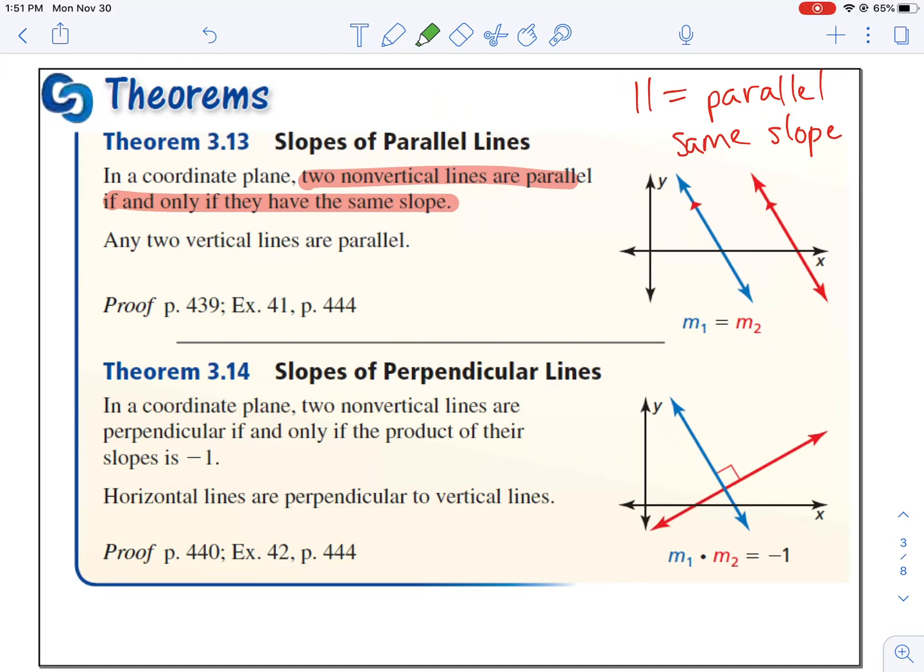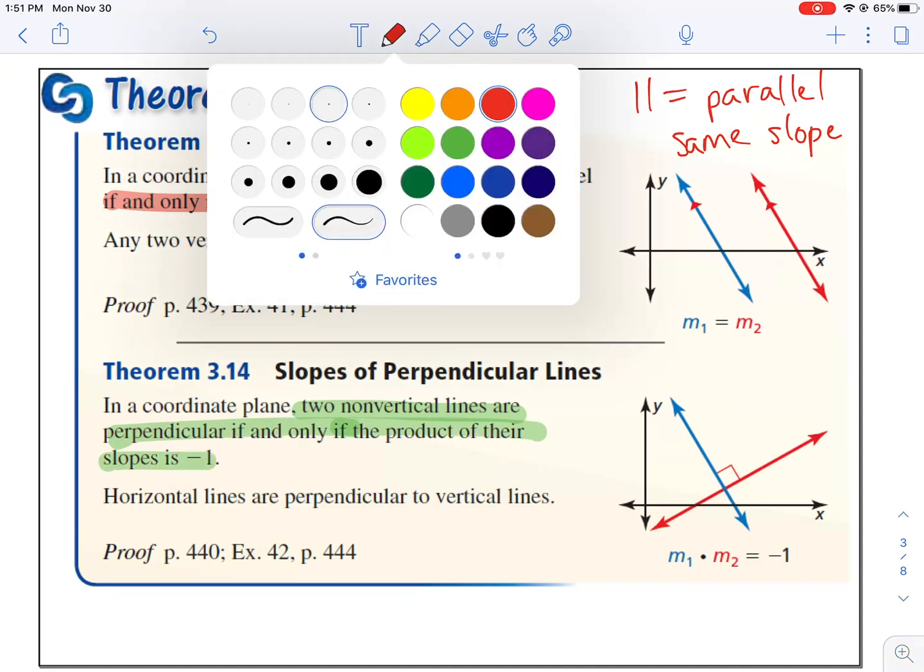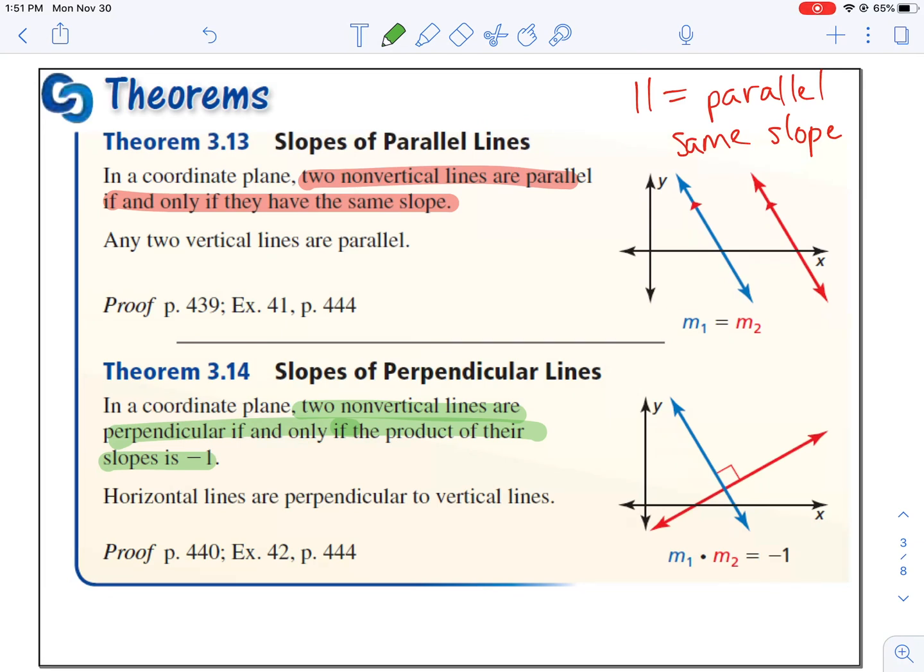Now, on the other hand, perpendicular is two lines that have a product of -1. Now, there's an easier way than that. Just a reminder, that symbol is perpendicular. Hopefully you didn't forget that. And what we're actually looking for is for them to have opposite reciprocals for the slope.